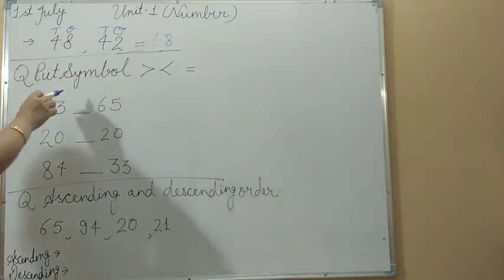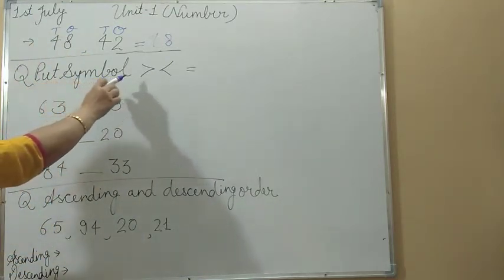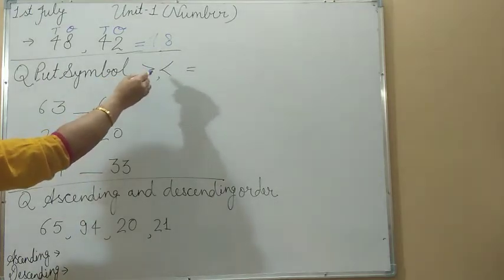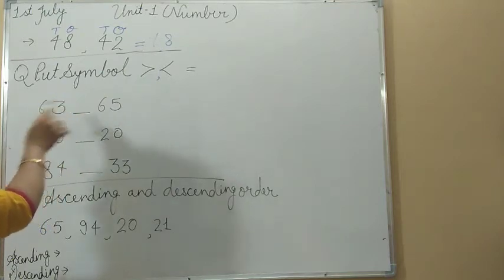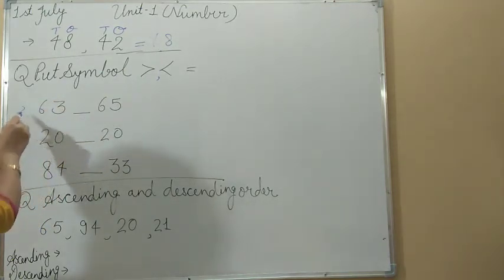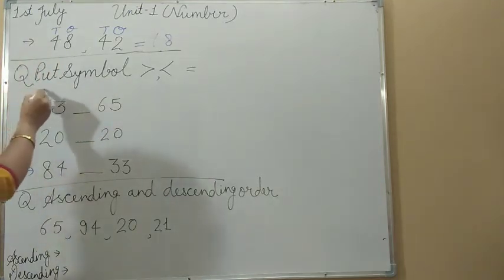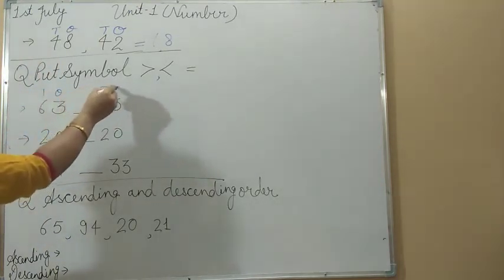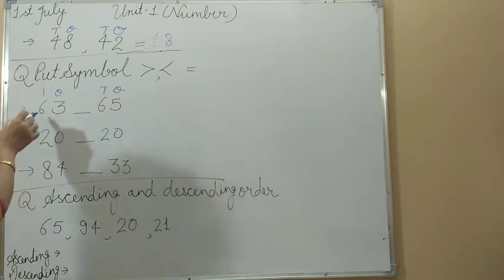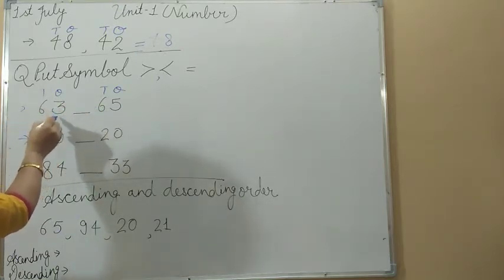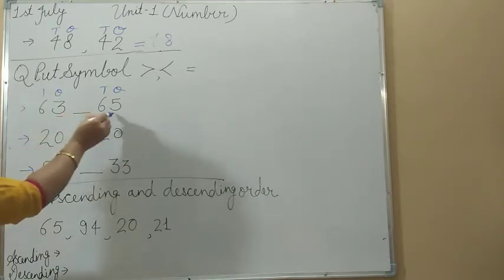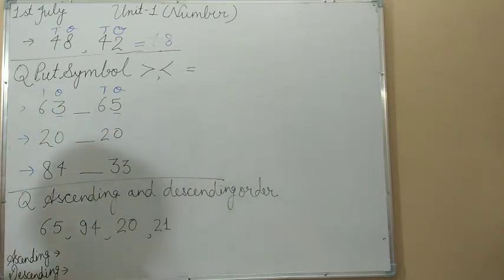What is next? Put these symbols to show greater, smaller and equal numbers on both sides. Now how to find out? Same formula. We will look at their tens places and ones places. Tens place numbers are the same. Now we have to find out which is bigger, 3 or 5. 5.